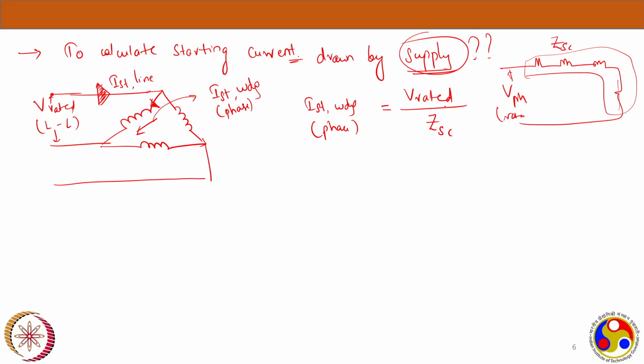Now what will be the IST of the line in your direct online starting? Your line current, in a delta connected system, will be root 3 times the phase current.